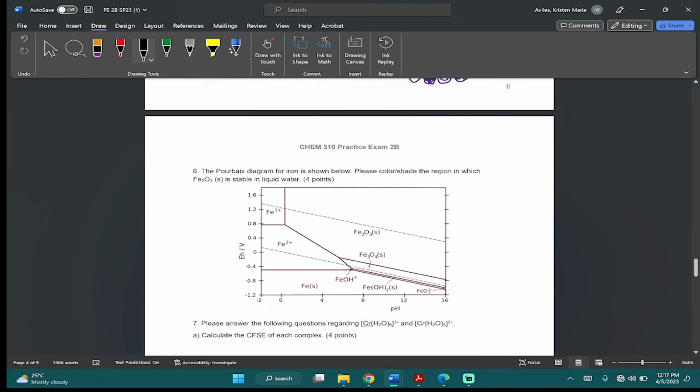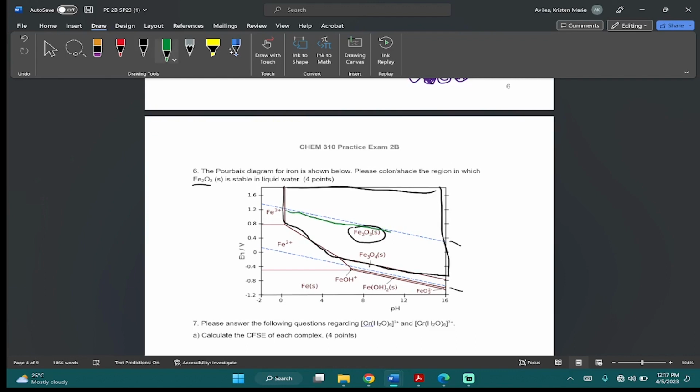All right, more electrochemistry. This one is asking us to shade the region where Fe2O3 is stable in liquid water. All we need to know is that between these two blue lines is where things are stable in water. We're looking at this species right here, which encompasses this whole block, and we just want to highlight where it is stable in water.